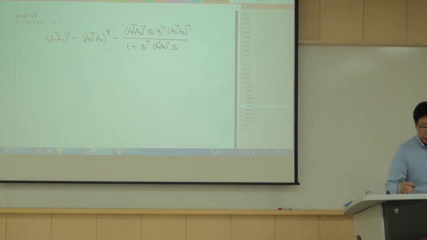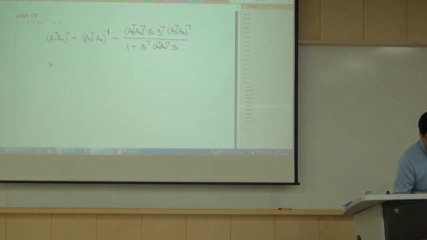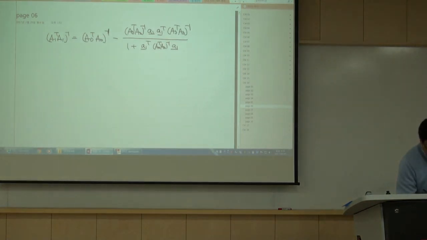Now, but we haven't yet finished it. We want to update our original X star 0. What is that? That is (A0 transpose A0) inverse A0 transpose B0.